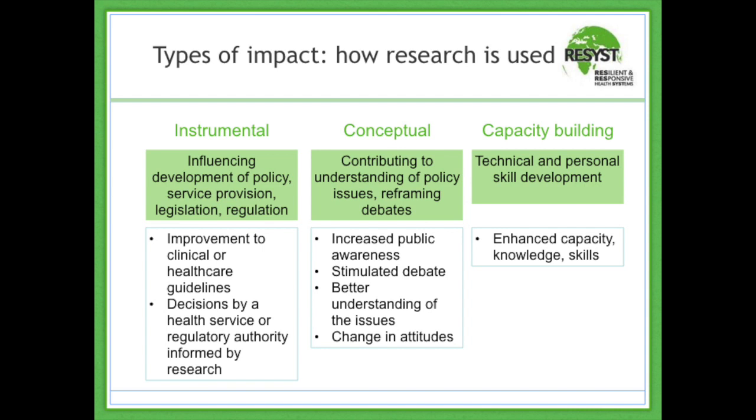Unfortunately, it never really happens like that, where a piece of research happens and then the findings are relevant and they take it to the policymaker and the policymaker says, okay, I will change this policy or write this policy. That's instrumental use of research. It's the kind of assumption that everyone has about how research influences policy. Unfortunately, that is rarely the case. Usually it's a lot more complicated and convoluted than that.